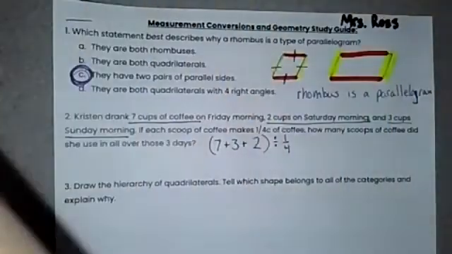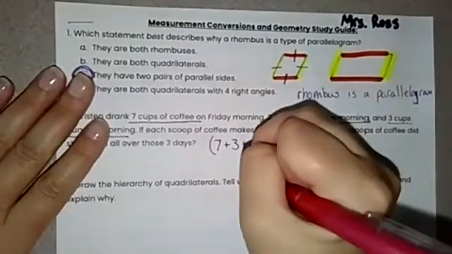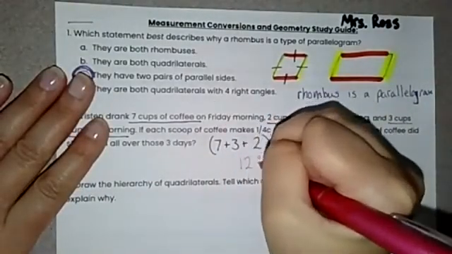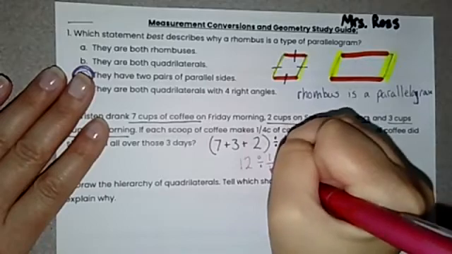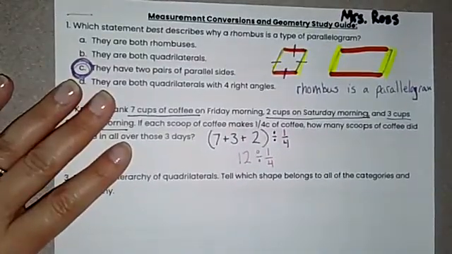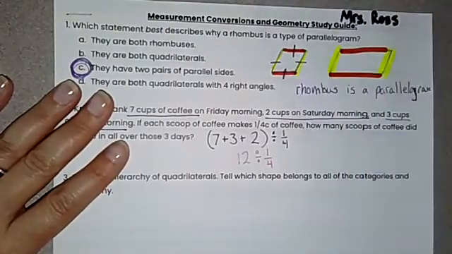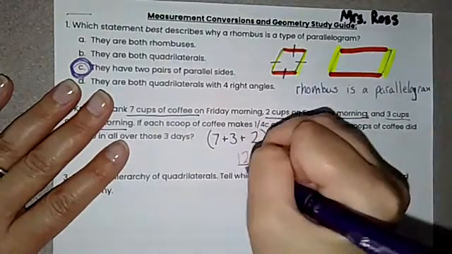What's 7 plus 2 plus 3, Wyatt? This is 12. And I've got 12 divided into fourths. Sam, how do I divide with a fraction? You are a genius, Sam. He says keep, change, flip.